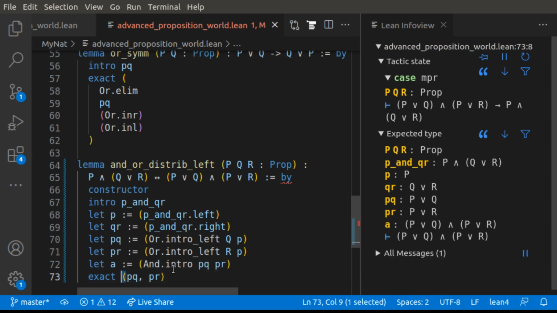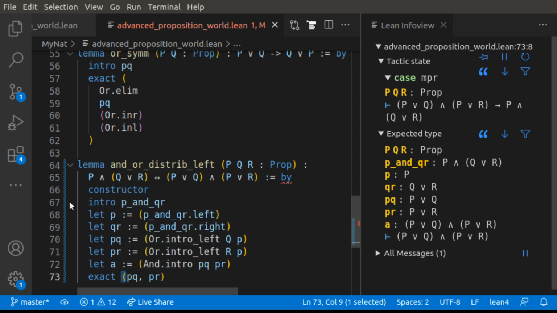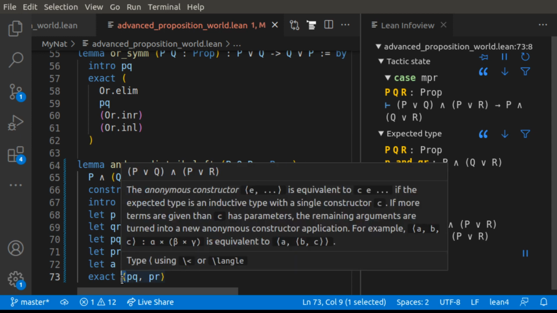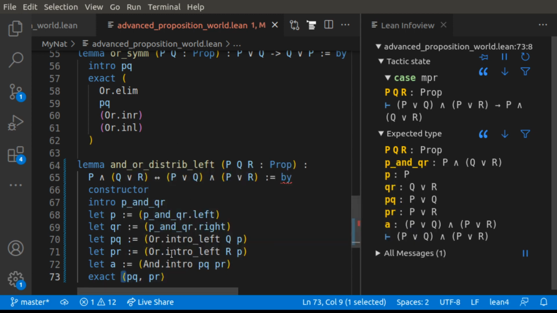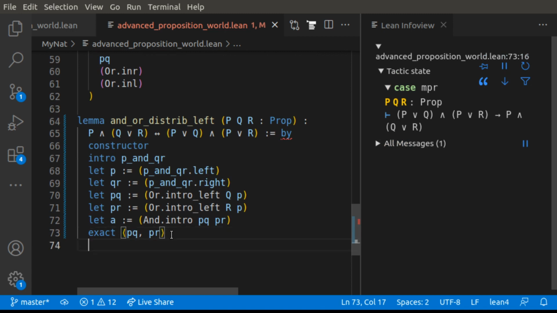This is shorthand for and dot intro, an anonymous constructor that uses the constructor. And only has one constructor, while or has two constructors: you can construct an or with either the left side or the right side. For the and, you need both. So and has one constructor that we access with angle brackets, and or has two, intro left and intro right. Okay, so that's the first case.